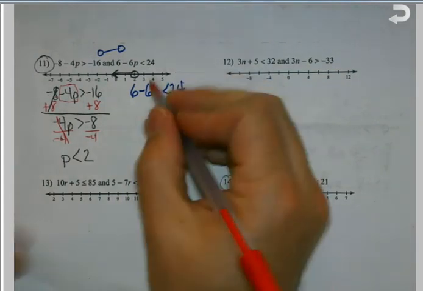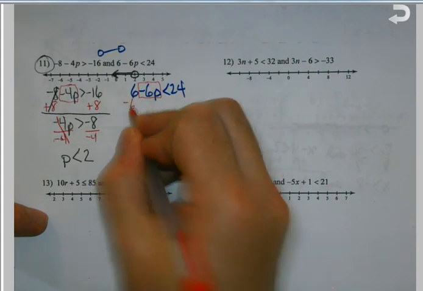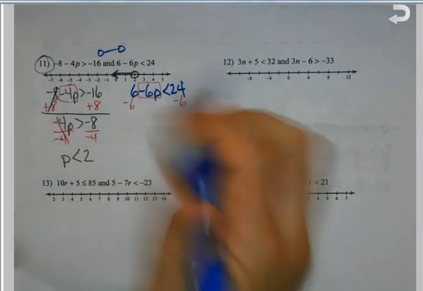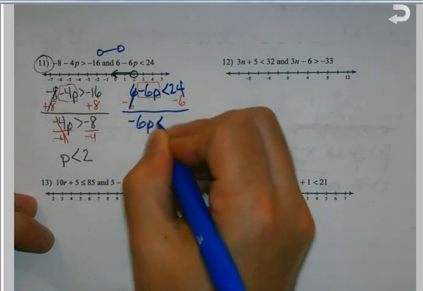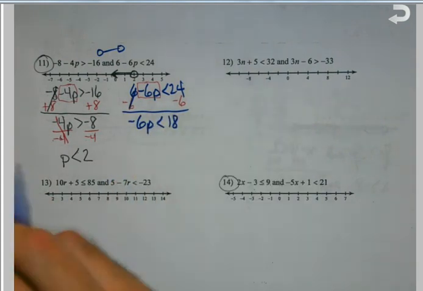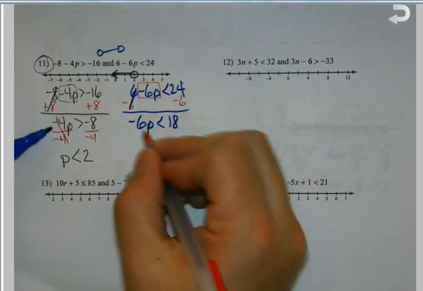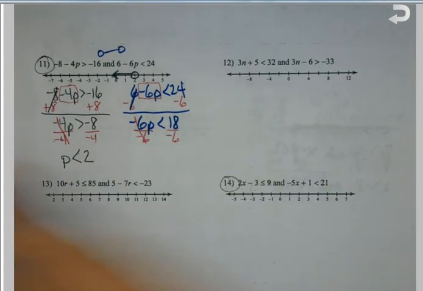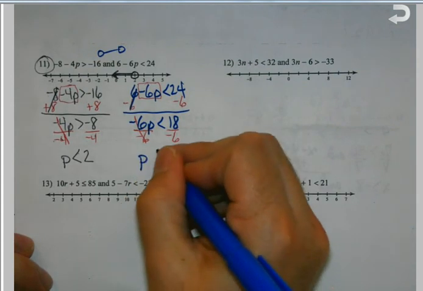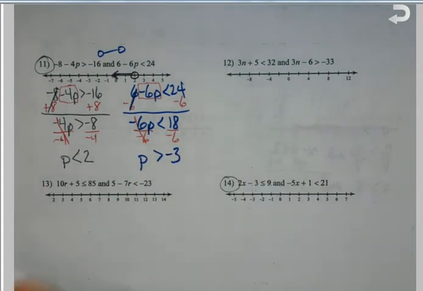So again, get that p term alone first. +6, opposite is to minus, or do a negative. And this time, we actually get to do this twice, just like we did over on this other half. When I divide by a negative, I've got to flip the arrow around, because otherwise it'll look weird.